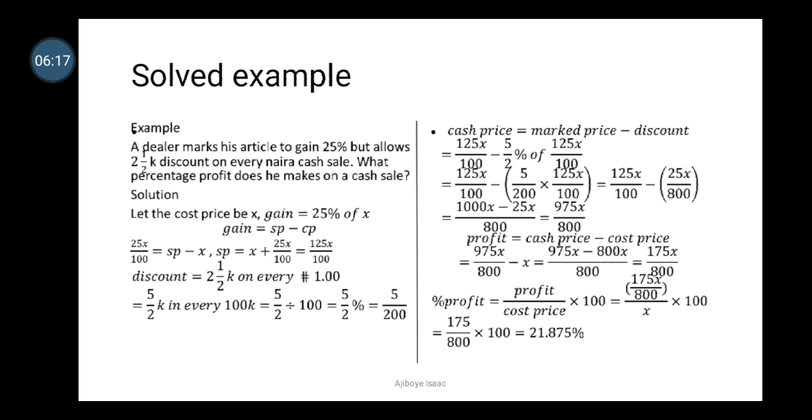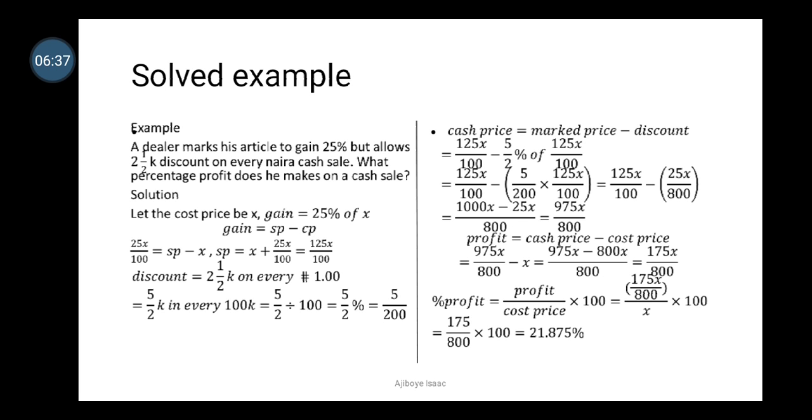And our gain, which is 25% of X, is now equal to the selling price, which should be the marked price, minus the cost price, right?